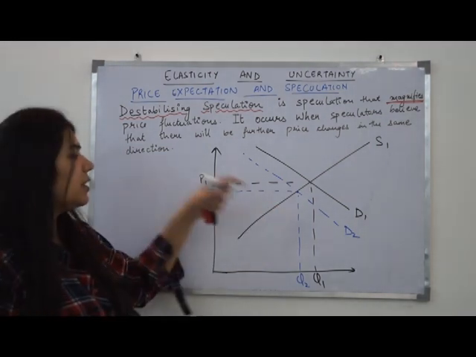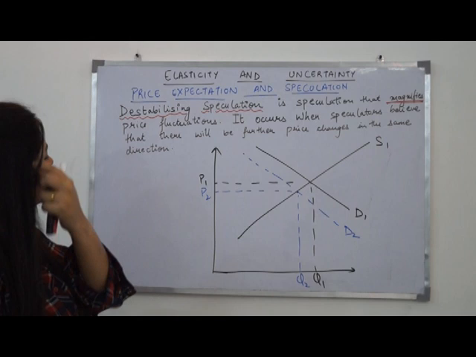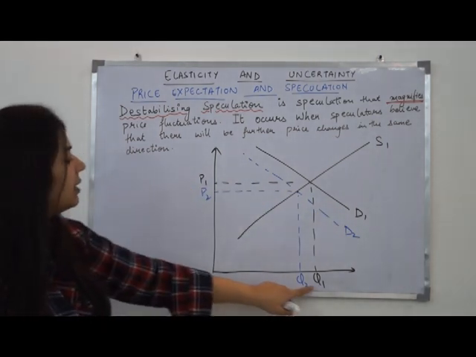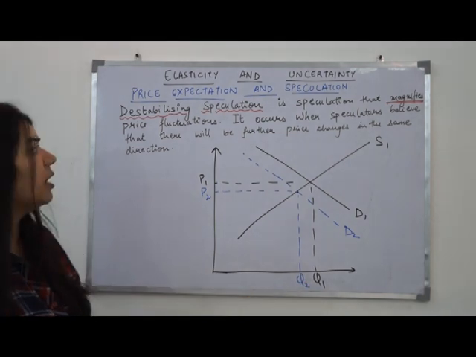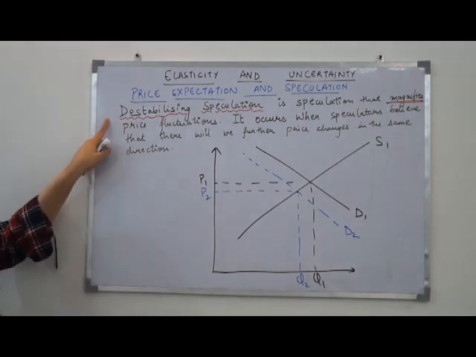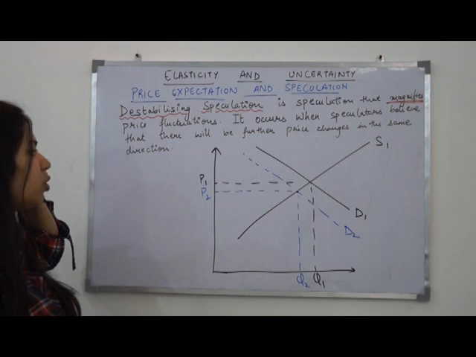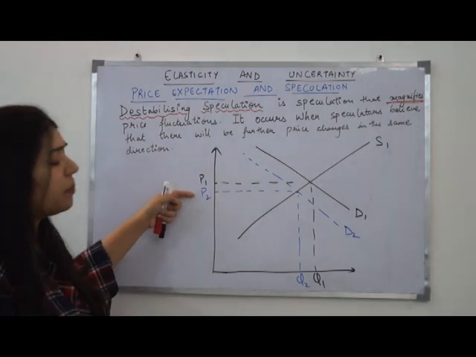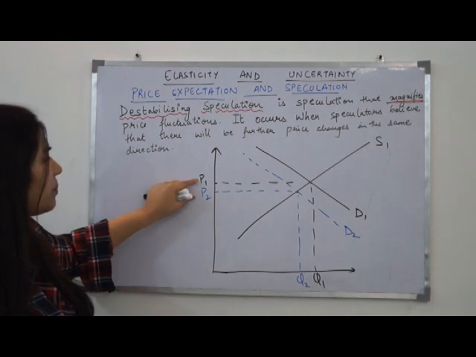Again, we know that due to a leftward shift in the demand curve, we have a fall in the equilibrium price and a reduction in the quantity traded. Now, what destabilizing speculation says is that the consumers and the producers both expect a further price drop, because there is a price drop.